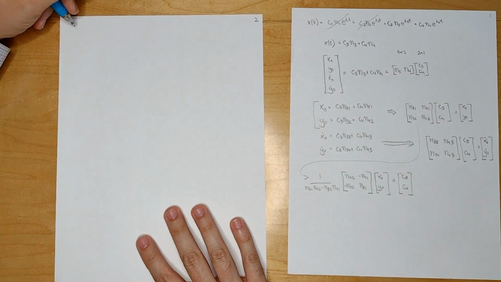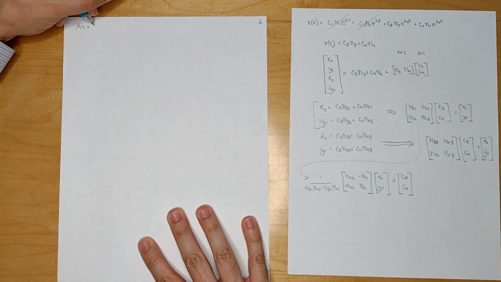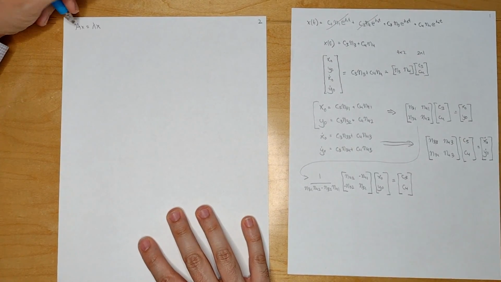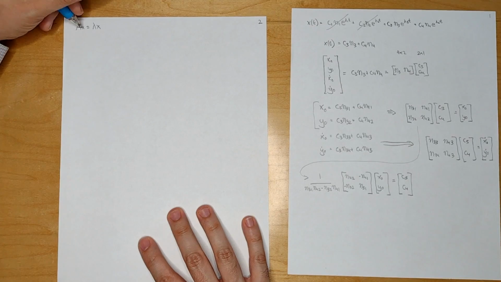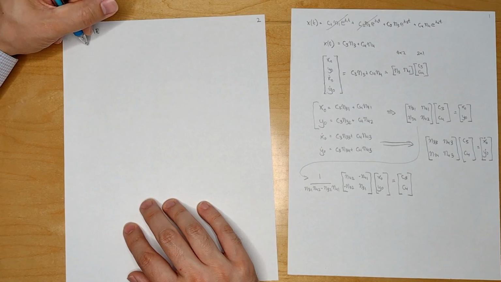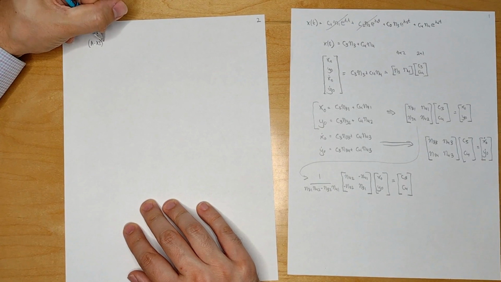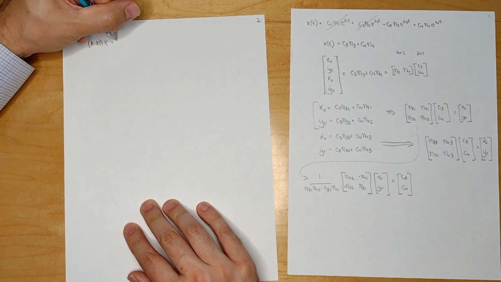So an eigenvector is a solution to an equation of the form Ax equals lambda x, where lambda is an eigenvalue. Actually, let's use eta. And so we can rewrite this by saying that this is going to be A minus lambda I times eta equals 0.